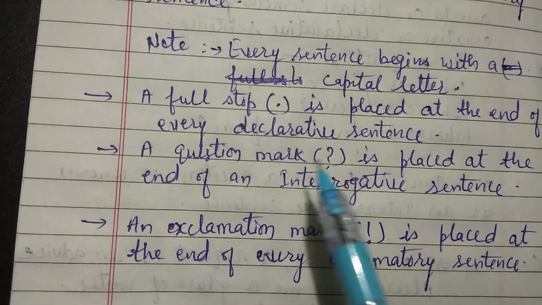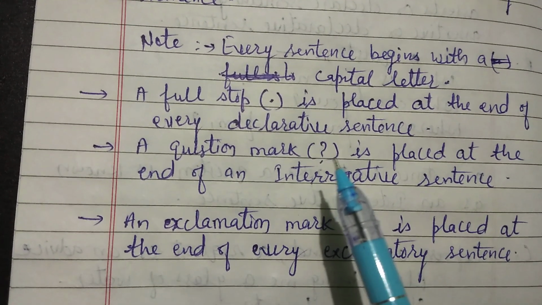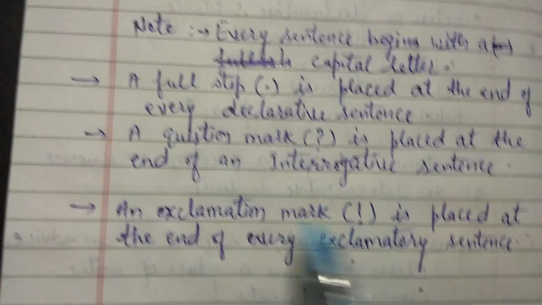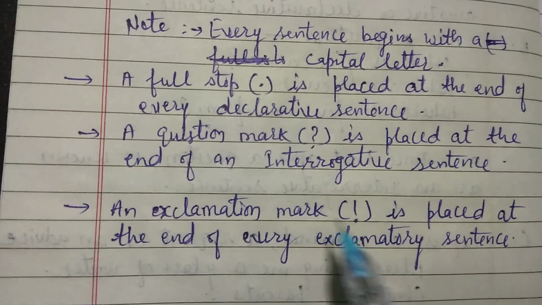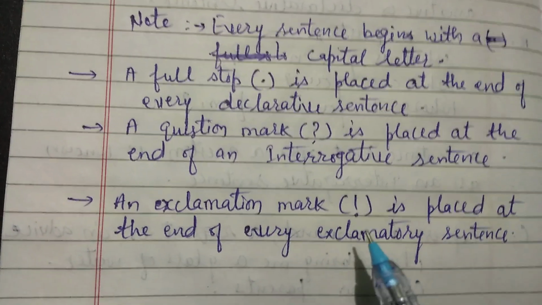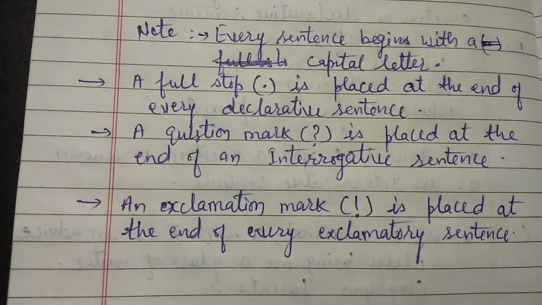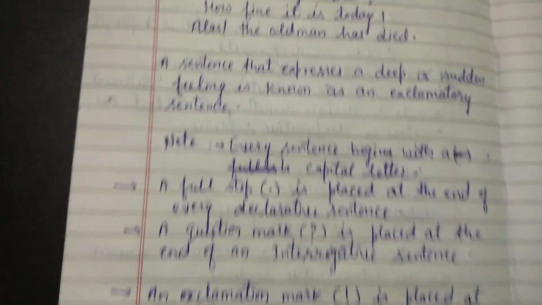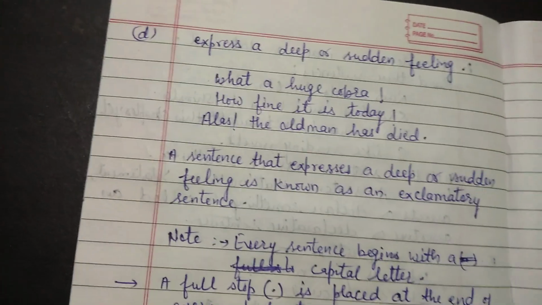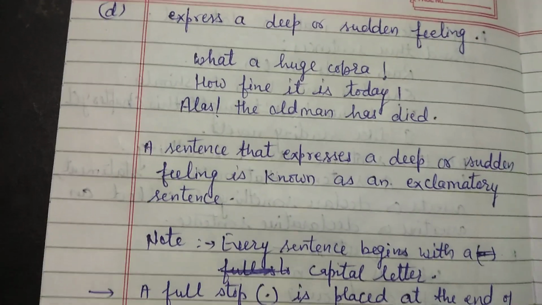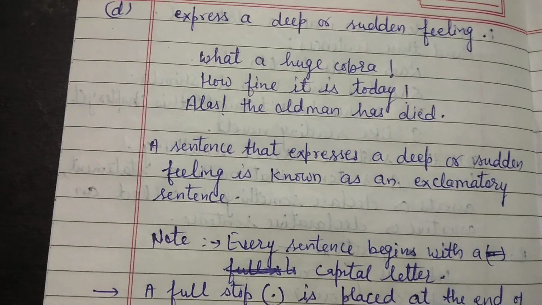A question mark is placed at the end of an interrogative sentence, and an exclamation mark is placed at the end of every exclamatory sentence. I hope you will be able to identify the types of sentences while reading, while speaking, while listening to somebody.